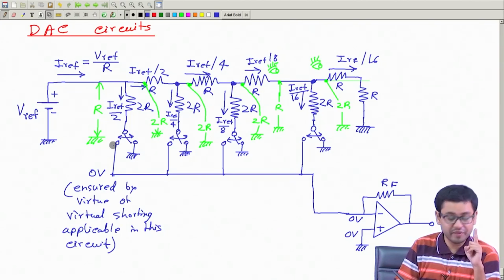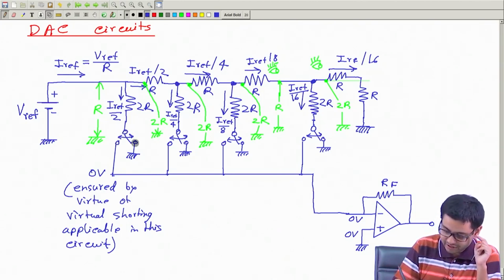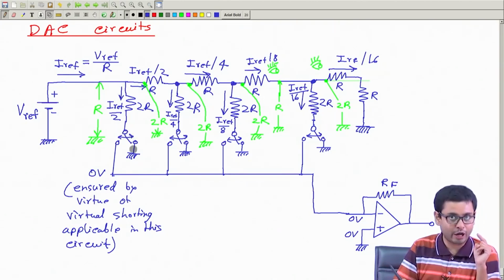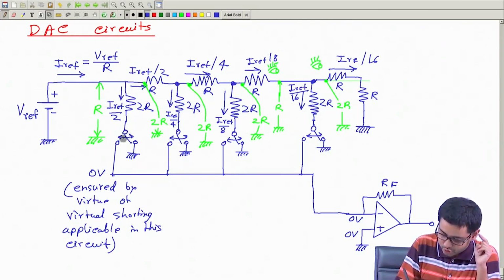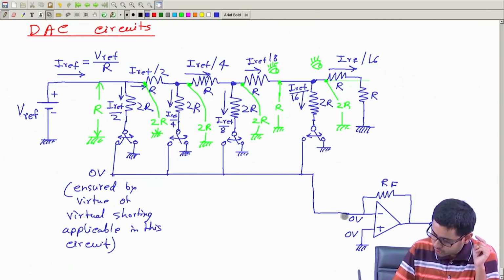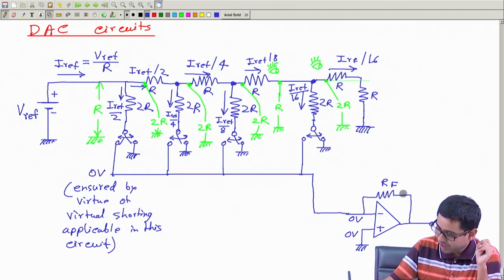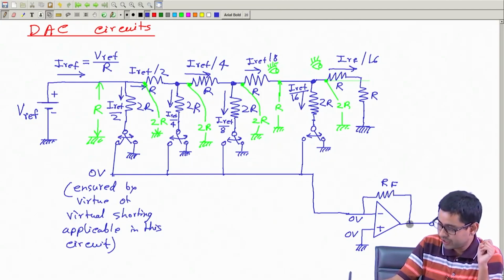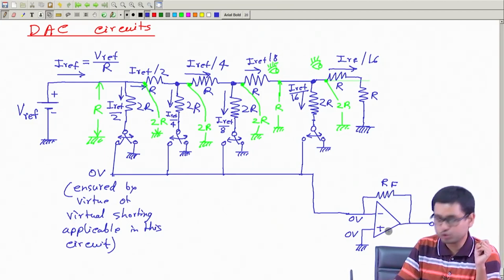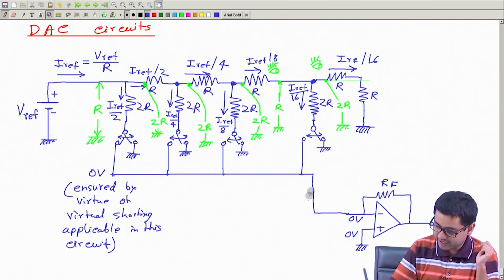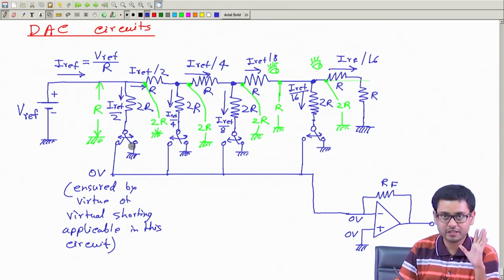The only difference is that if I connect it here, then this current will go directly to the ground, and if I connect it here, then this current will go like this to the op amp. But it cannot go into the op amp, so it will go through the RF, this resistance, and will come like this, and then go to ground through the op amp's output. So this current will go either like this or directly to the ground.